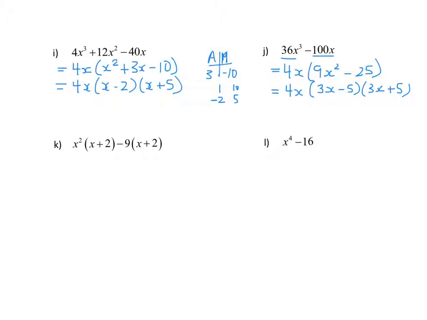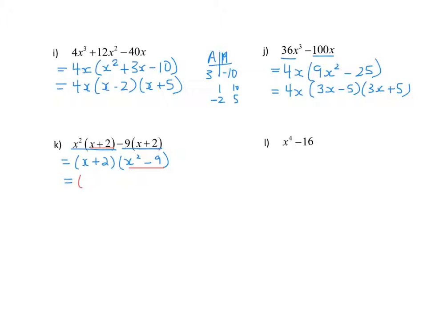All right, the next one here, I think we did this kind of an example in part B. I see that this bracket and this bracket are the same. So if I think about working that backwards, I'm going to have x plus 2, that's a common, and when I divide the first thing by x plus 2, I get an x squared. If I divide the second thing by x plus 2, I get a minus 9, but we are not done, because if I look at this bracket here, I see that I have a subtraction of two perfect squares.